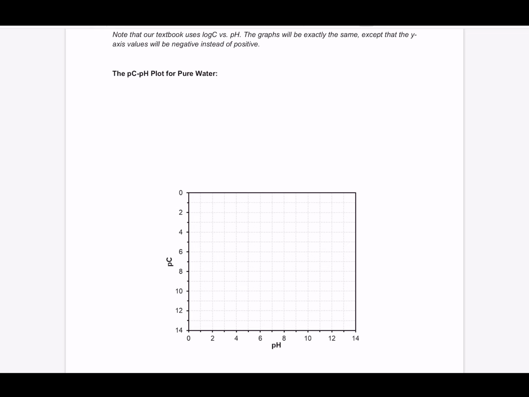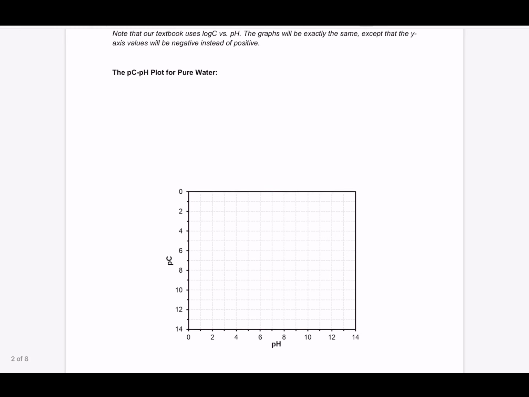But here we're using just the positive, or opposite, value, because we're using minus log of C as opposed to just log C. Just keep in mind, this graph is basically reversed. As we go down, the magnitude of values increases. So if you're looking for a slope that is positive, in this representation, that slope would be negative.